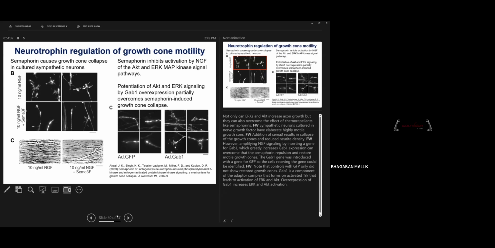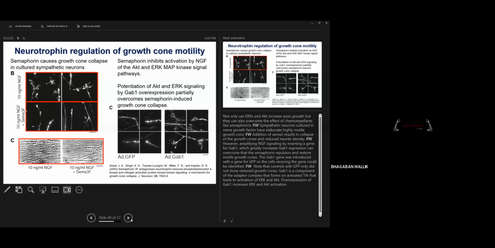But this can be suppressed if you overexpress GAB1. GAB1 suppresses the phenotype caused by semaphorin-induced growth cone collapse. When they overexpress GAB1 in this culture with semaphorin, you can get the neurites. So GAB1 rescues this phenotype of semaphorin-induced growth cone collapse.